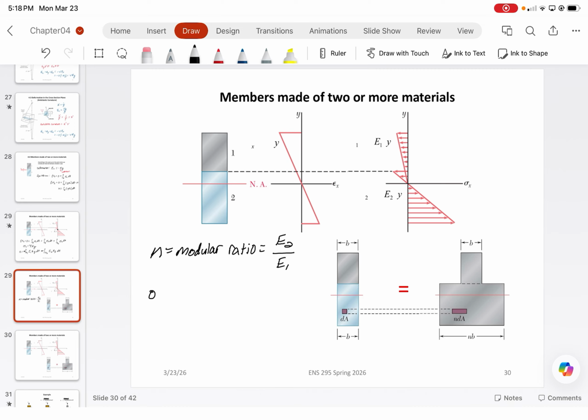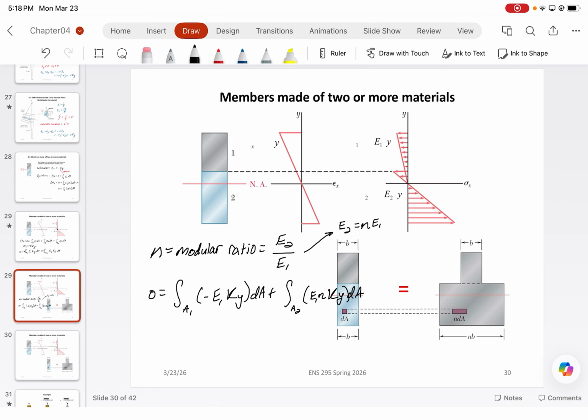So, 0 is just equal to the integral of area 1 times negative E1 k y dA plus the integral of area 2 times, now it's going to be E1 times n, since E2 is basically just equal to n times E1, times k y, all multiplied by dA.